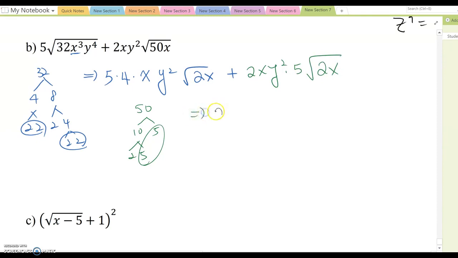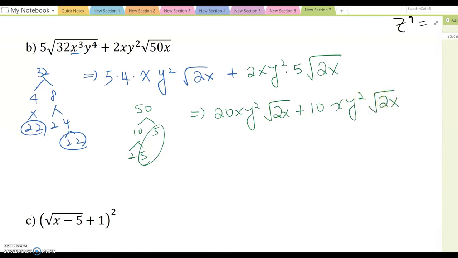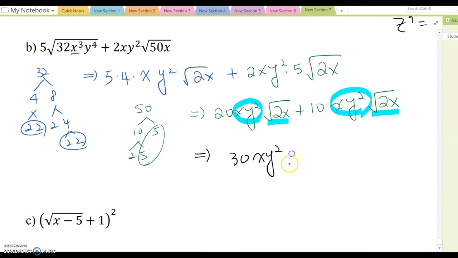So this becomes 20xy squared square root of 2x plus 10xy squared square root of 2x. Since they're exactly the same base value, and the variables are also the same, you can simplify this to 30xy squared square root of 2x. That's the answer for this problem.